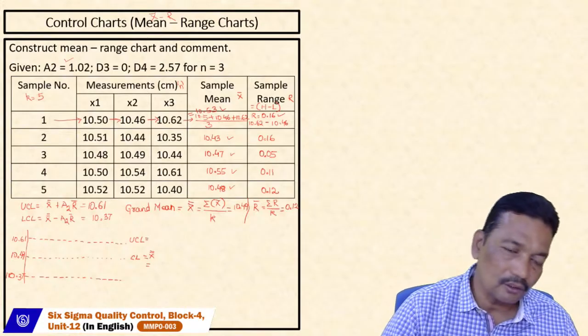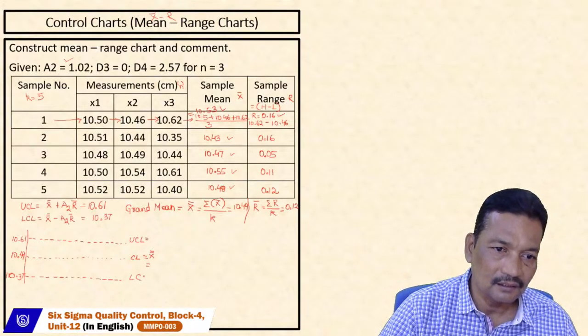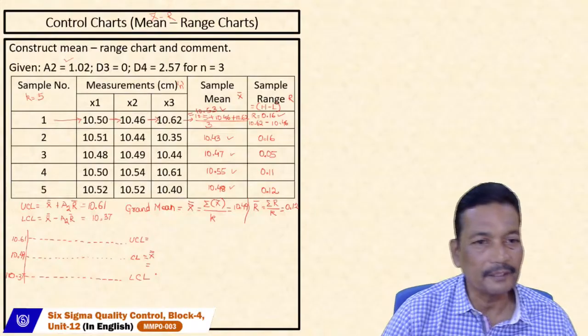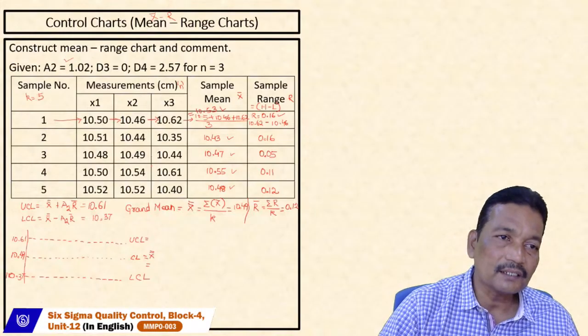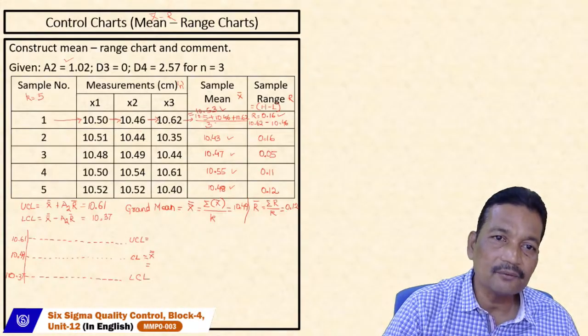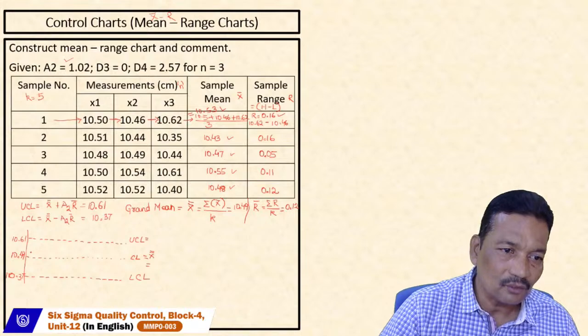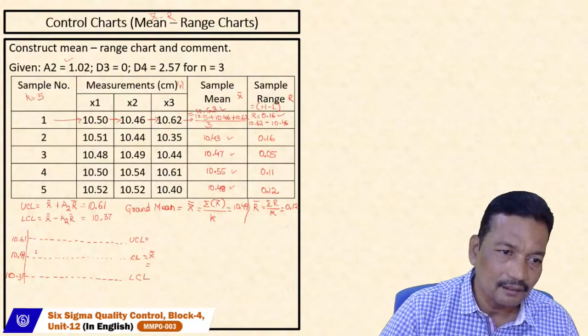Once I get all the line values, I will proceed to prepare the chart. Look at the first sample. What is the X bar value? We got 10.53. I presume for the first sample, 10.53 will fall somewhere here.